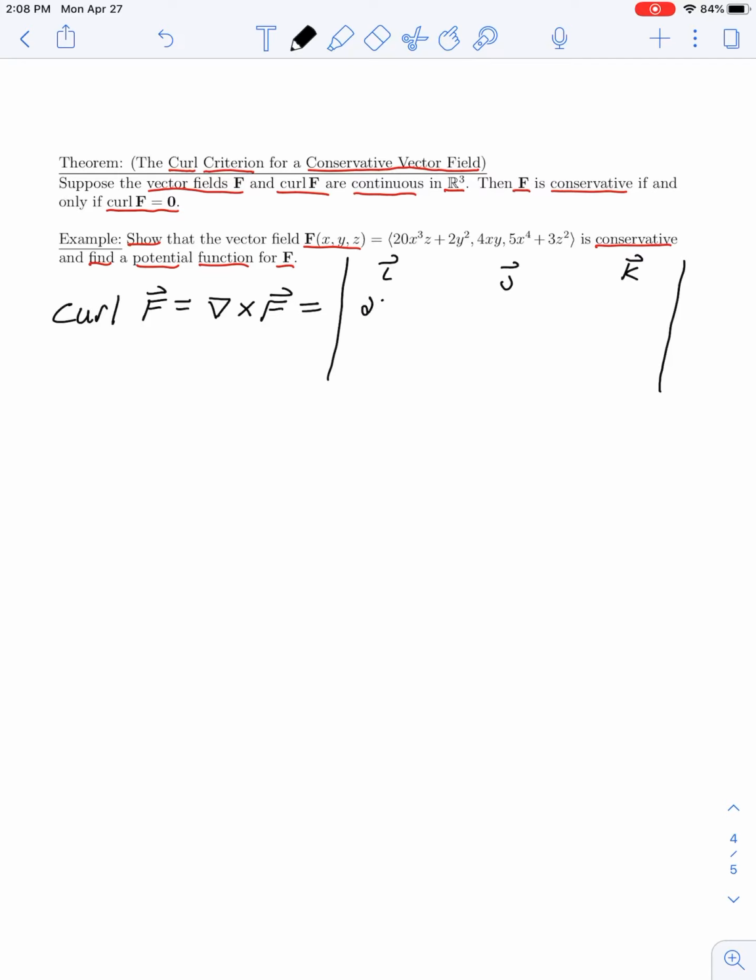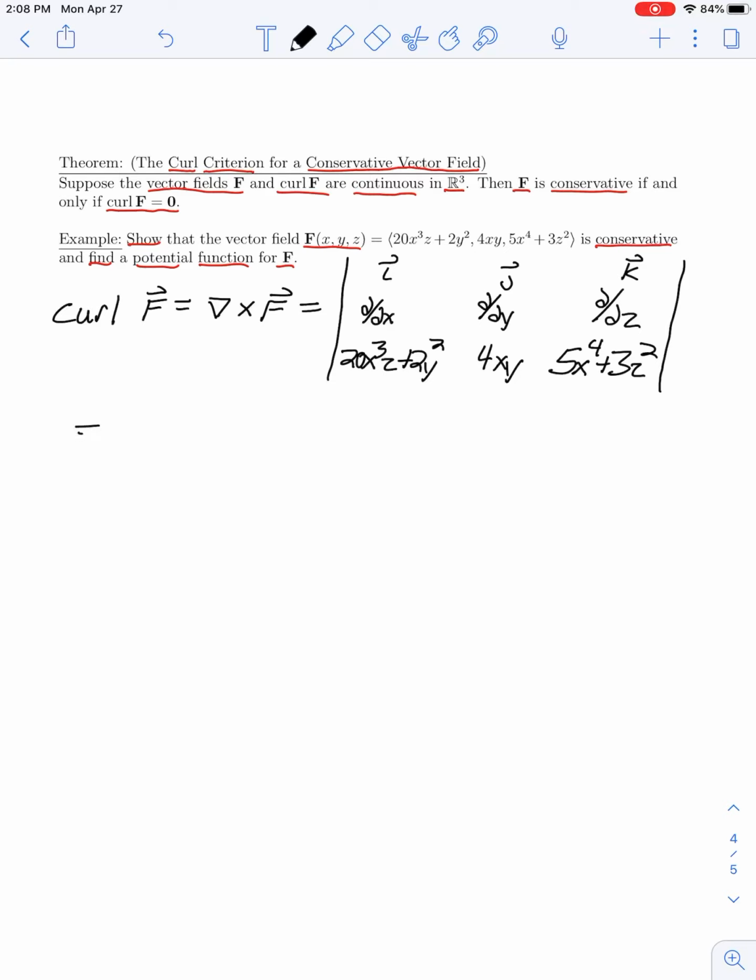My second row consists of the partial derivatives with respect to x, with respect to y, and with respect to z. And my third row consists of the component functions of the field. So in this example, we had 20x cubed z plus 2y squared, 4xy, and 5x to the fourth plus 3z squared.